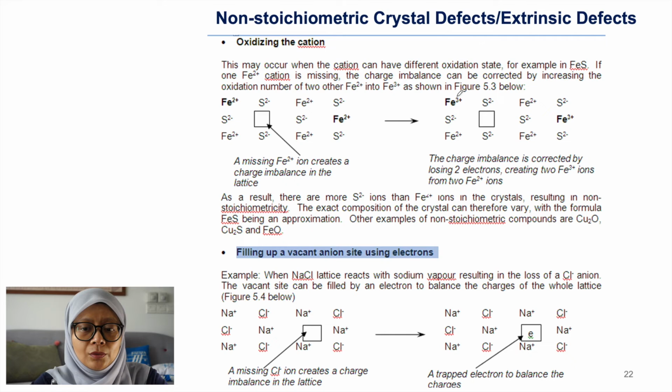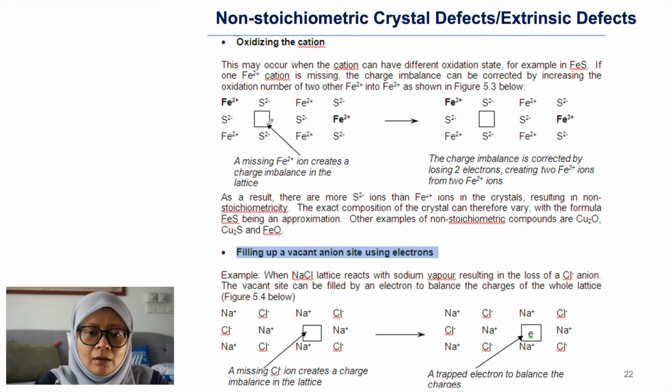In this diagram, one iron 2 cation is missing. This creates a charge imbalance, and it can be corrected by increasing the oxidation number of the iron, from iron 2 to iron 3.